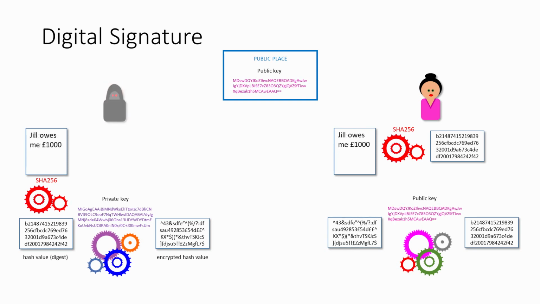Of course, anyone else could have been pretending to be Jack from the start. A criminal could create a fake document, hash it with SHA-256, and generate an asymmetric pair of keys using their computer. So how can Jill be really sure that she's communicating with Jack?